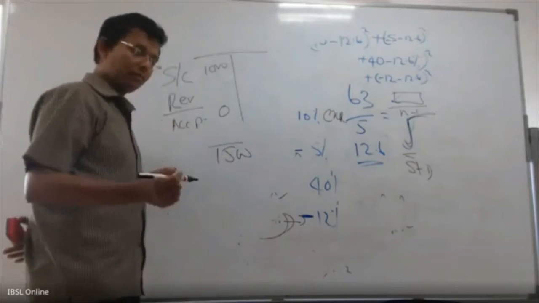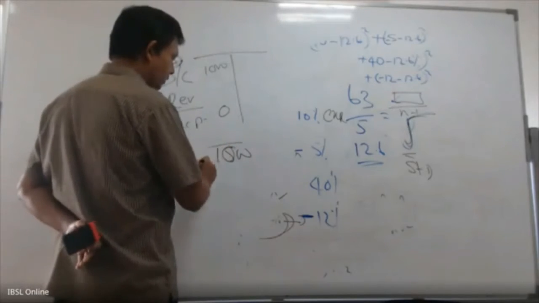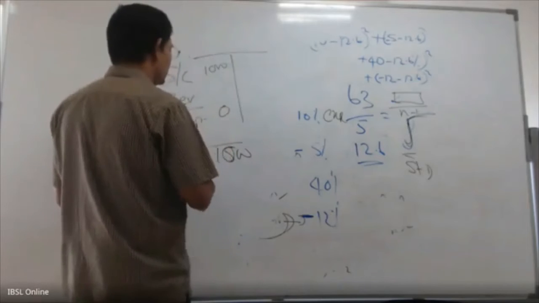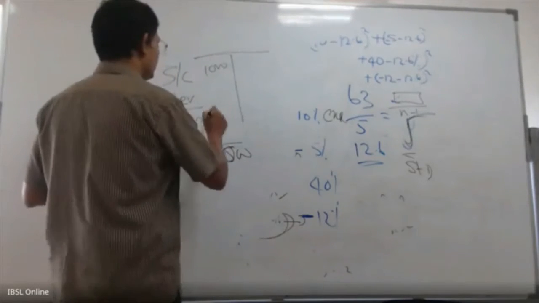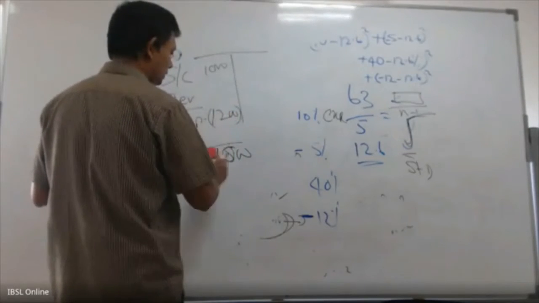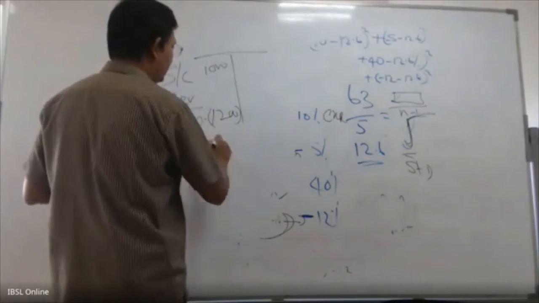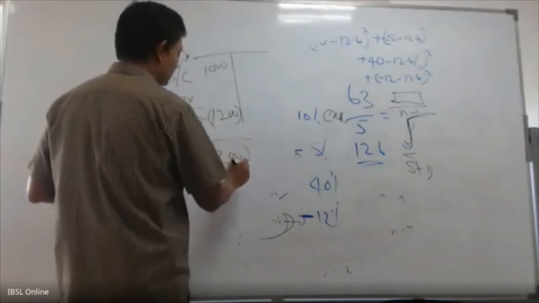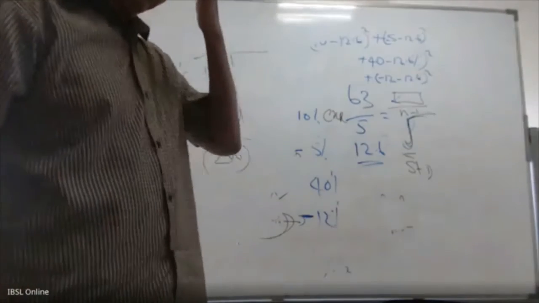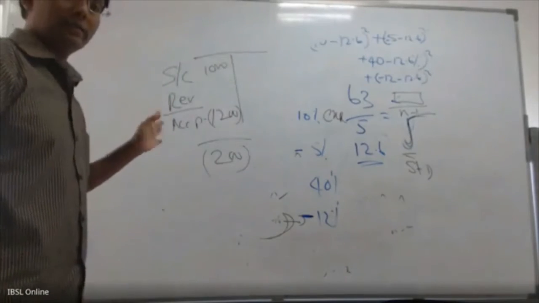Next year comes, and you're making a loss of 1,200. So what is the net worth? Minus. Net worth is minus.